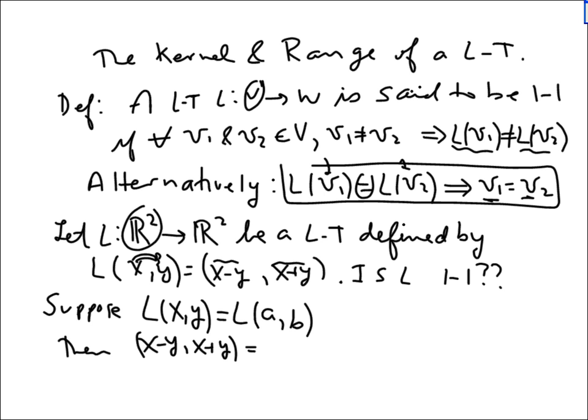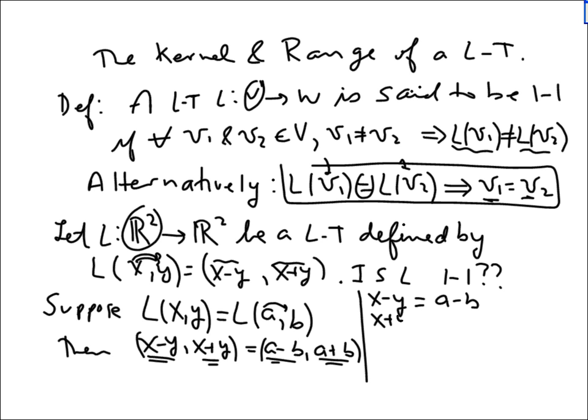And this should equal L of (a, b), which is (a minus b, a plus b). Now, if these two vectors are equal, their components must be equal. x minus y should equal a minus b, and x plus y should equal a plus b.